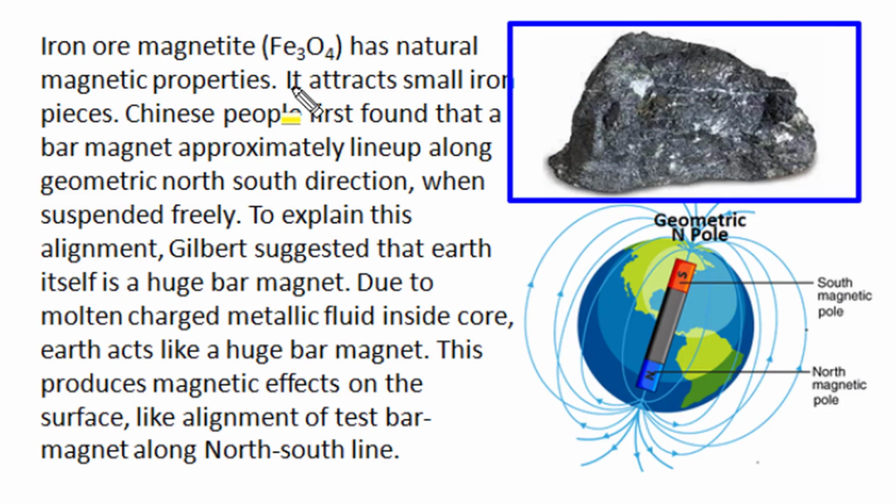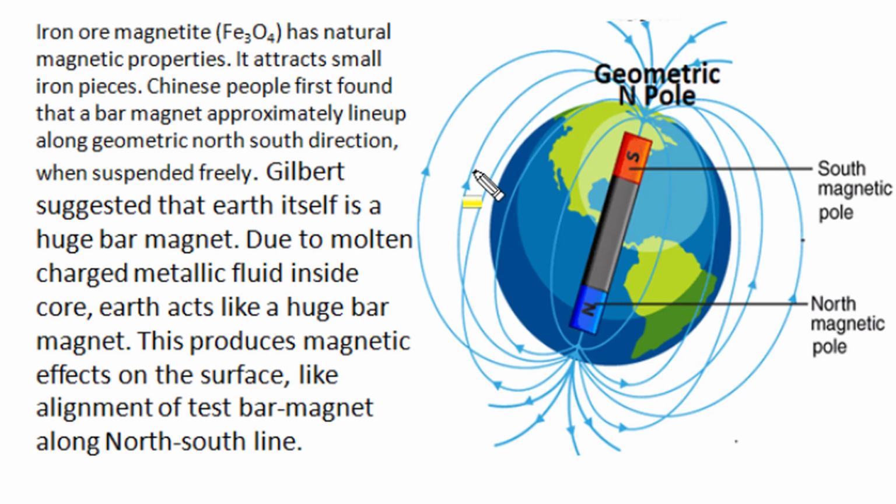This iron ore, Fe3O4, found near Magnesia in Turkey, was named magnetite, and its properties, like attraction of small iron pieces and lining up along the geometric north-south direction when freely suspended, are known as magnetic properties. To explain the magnetic field on the surface of Earth, Gilbert suggested that Earth itself acts like a huge bar magnet of reasonable strength.